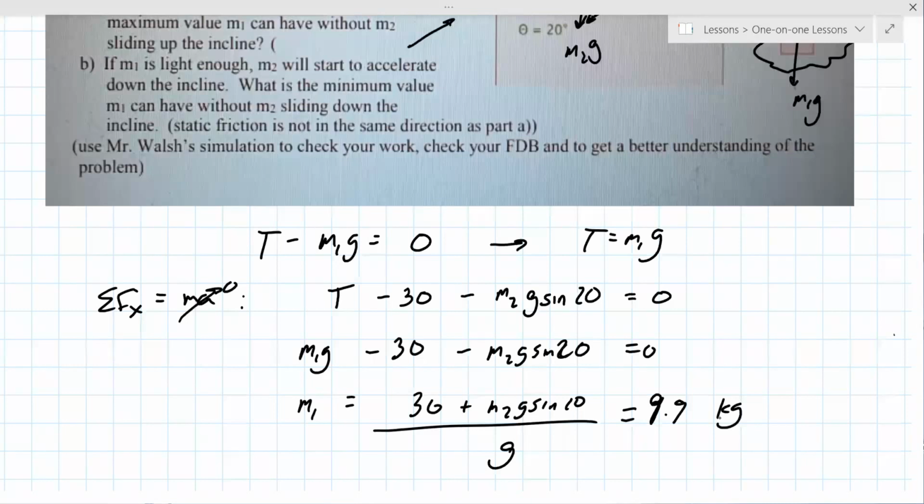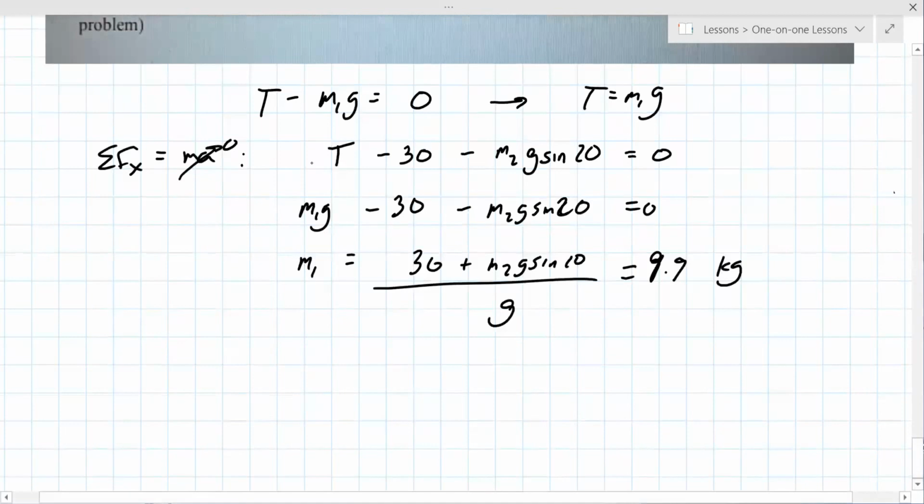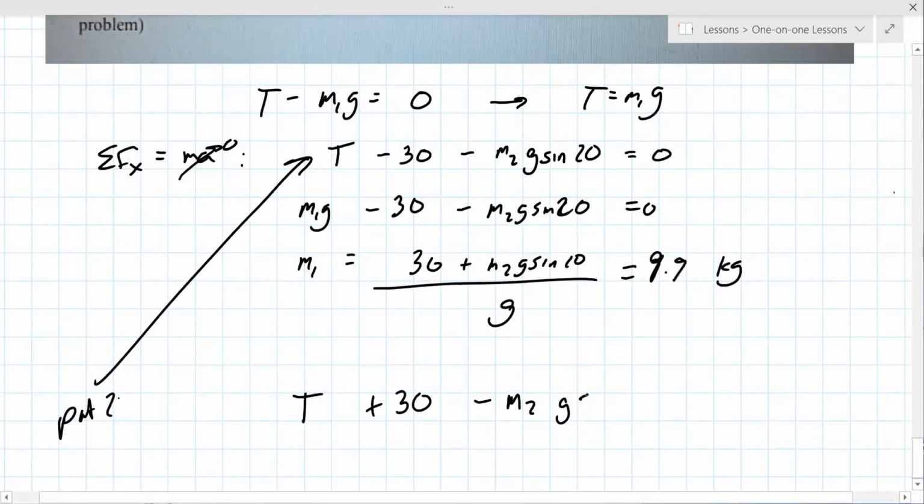So the only difference in part 2 of the problem is this line. In part 2, T becomes plus 30 minus M2G sine 20, and that's because it's going in the opposite direction. Oh, by the way, what are the numbers that I put in for M2G sine 20? M2 is 20 and G is 9.8.